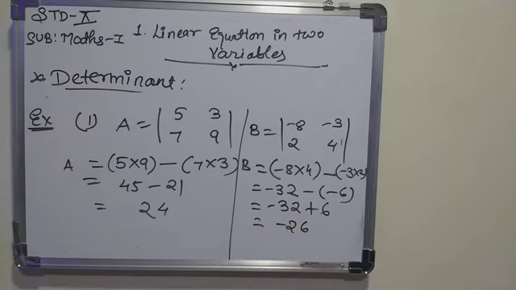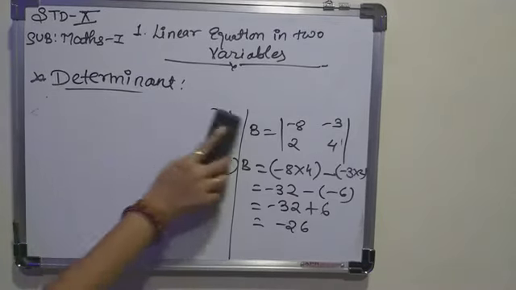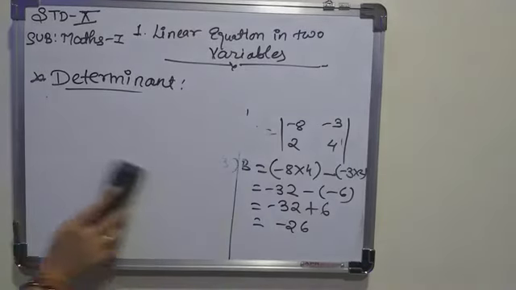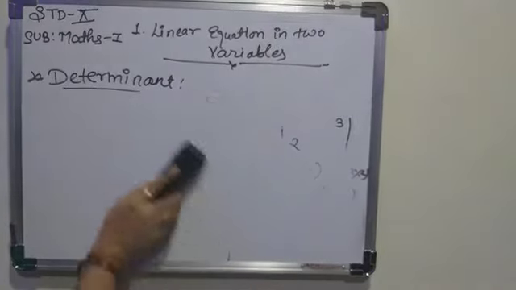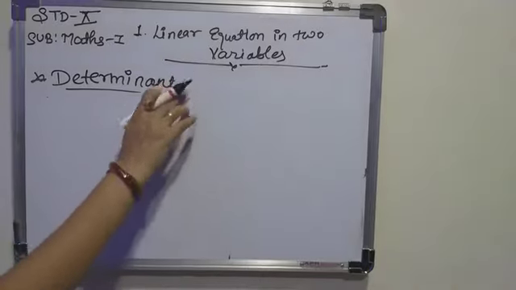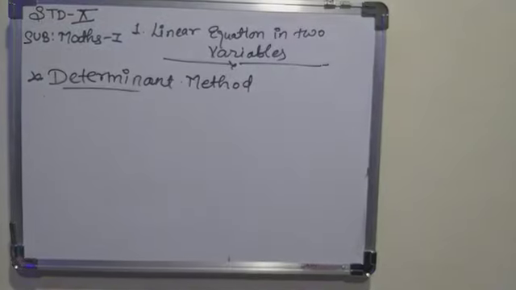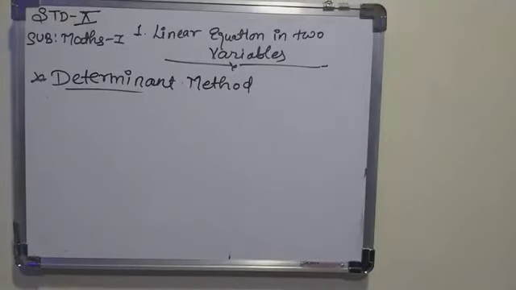Next topic is how to use this determinant to solve simultaneous equations. It has a proper name, and we call it the determinant method. This method was given by the Swiss mathematician Gabriel Cramer.